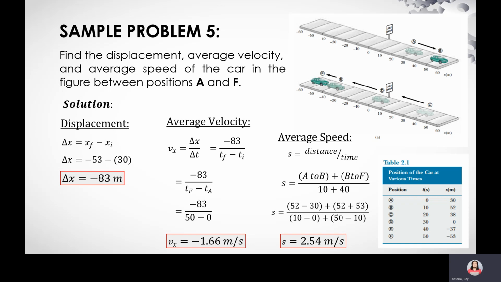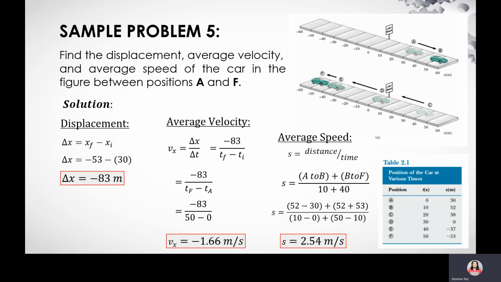And at point E, at 40 seconds, the position is negative 37 meters. And at its last position, final position F, at 50 seconds, it is at negative 53 meters. So, we will get the displacement. So, our formula for displacement is delta x equals final position minus initial position.